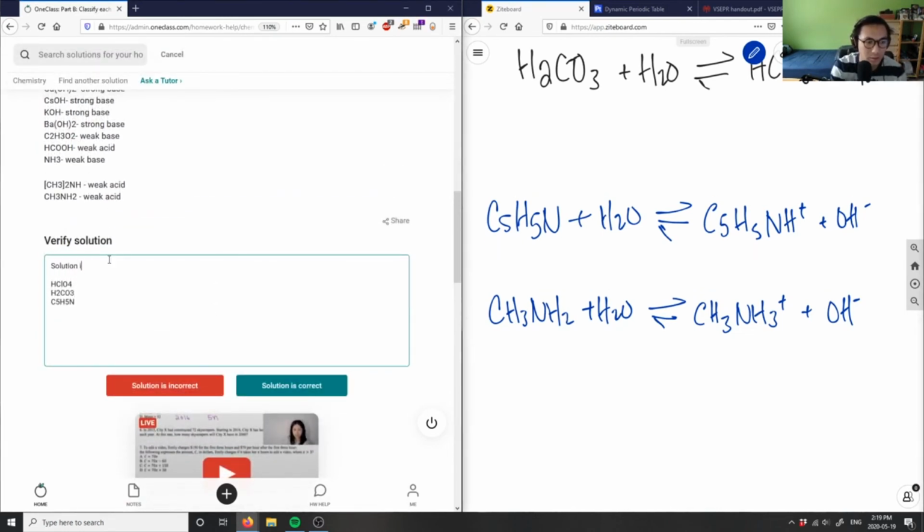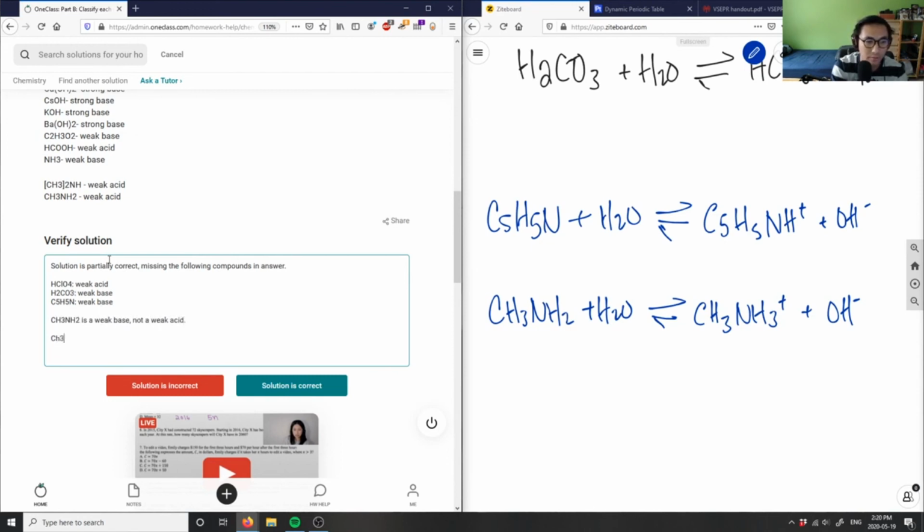So the solution is partially correct, missing the following compounds in the answer. HClO4, I said it was a weak acid. This one is a weak base. This one is also a weak base. And I wrote that CH3NH2 is a base, not a weak acid.